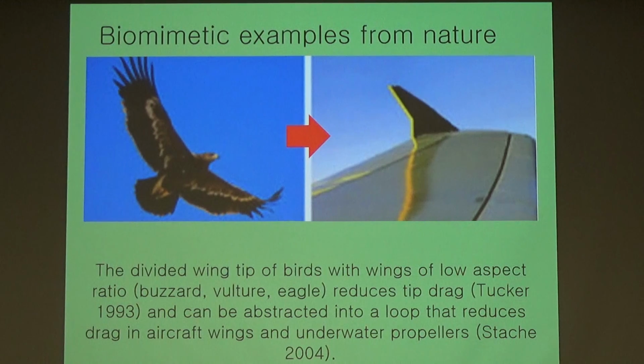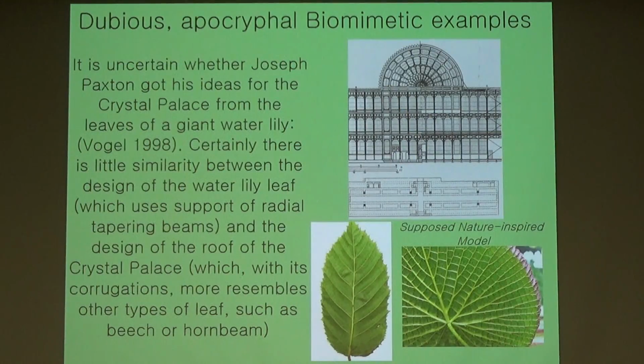And this has been abstracted into a loop that reduces drag in modern aircraft. You'll probably see most modern aircraft have those. There are a lot of examples, and you can find hundreds of examples of this simple copying, partial understanding or almost complete understanding, and then translation into some kind of useful technology.